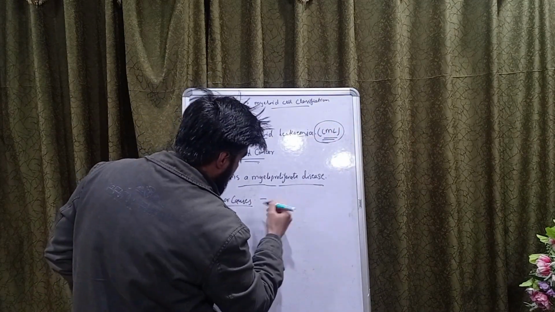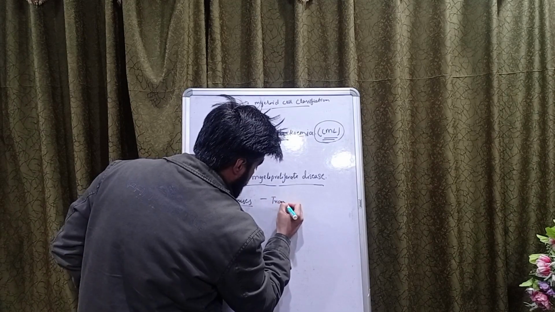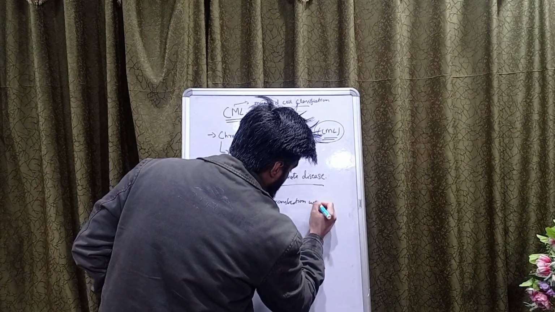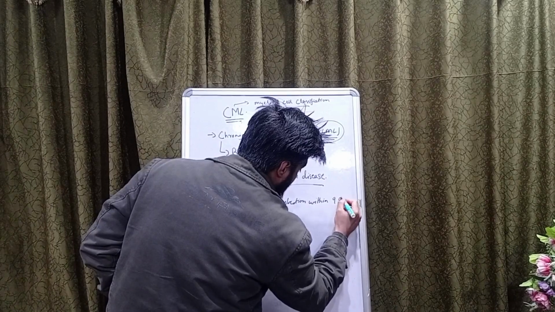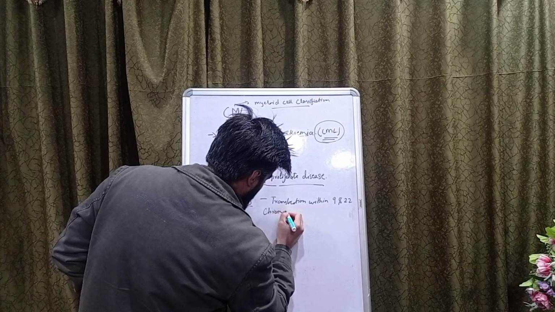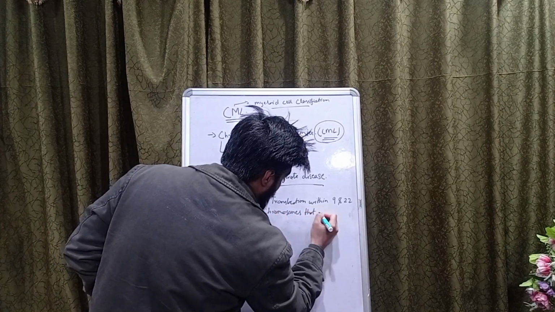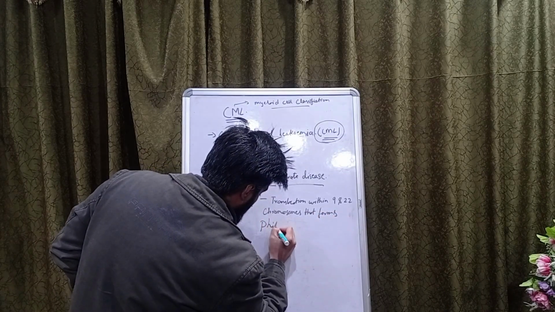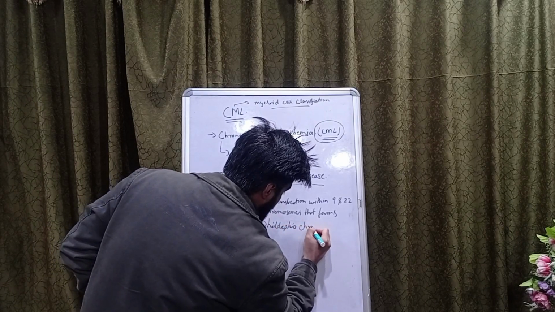So, what is the cause? It is the translocation between the 9th and 22nd chromosome that forms the Philadelphia chromosome.